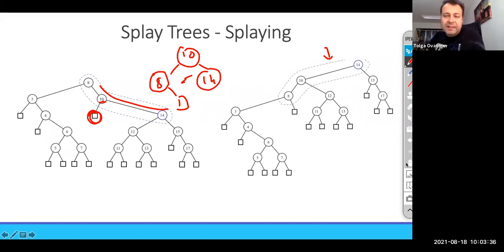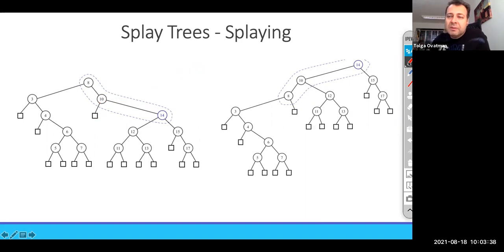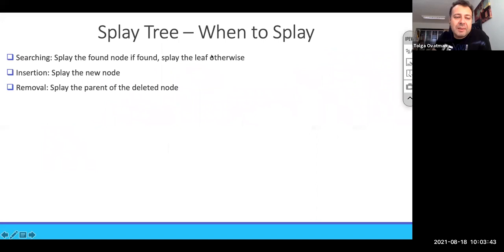But this brings us to the point to talk about the operations that we make during splaying. It's easy to understand when you do splaying in insertions and removals, because when you are inserting and removing, there is the possibility that you change the structure of the tree. When you insert, you splay the new node.